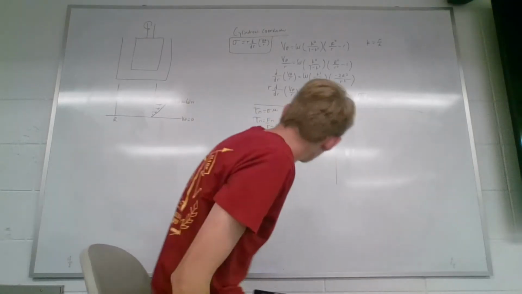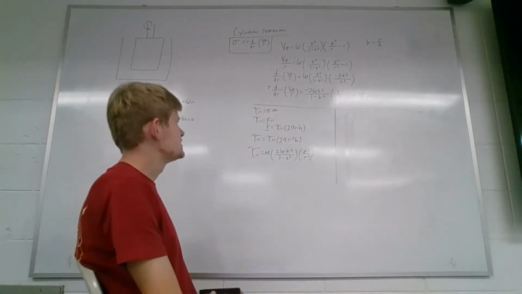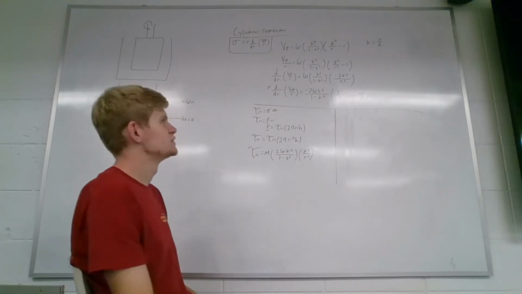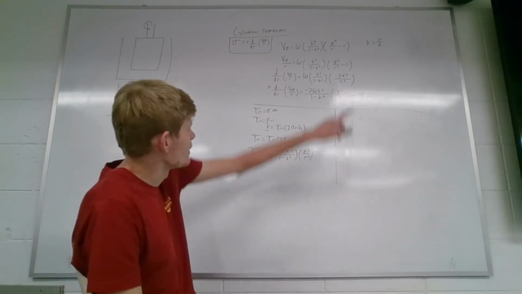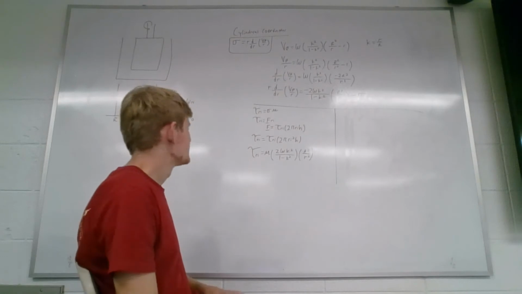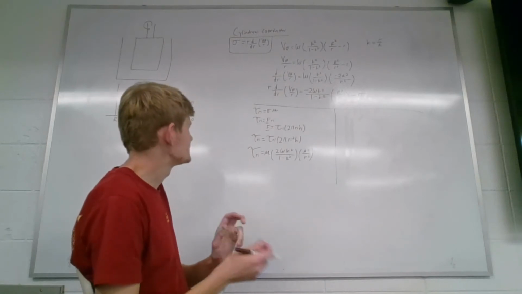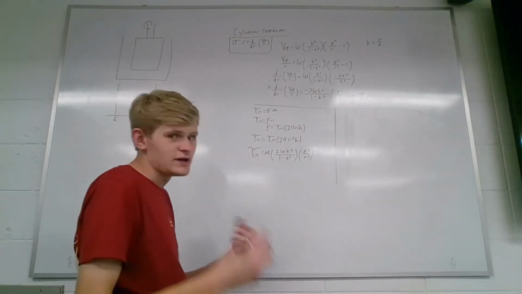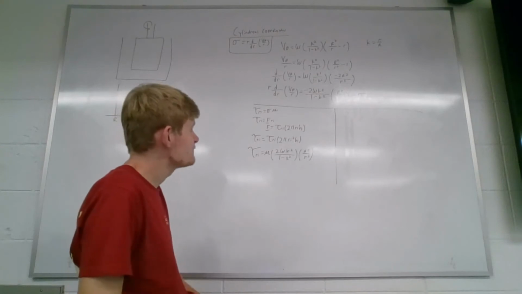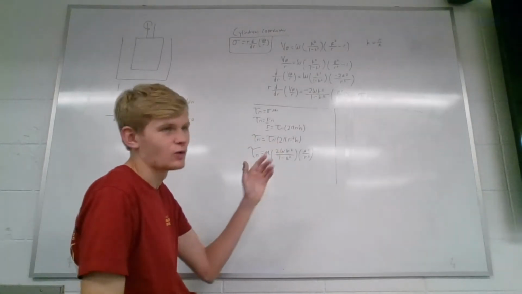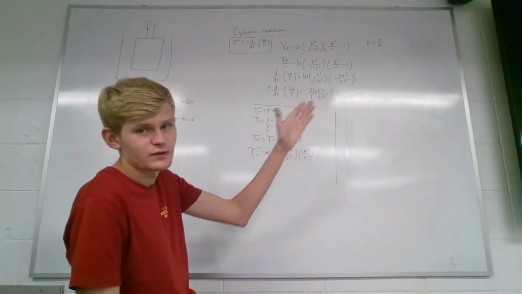So how does this differ depending on the shear rate? And that is where our k value comes in. Because if we want to find the shear rate at the inner radius, we need to take our k value at the inner radius, or solve our k value for the inner radius.